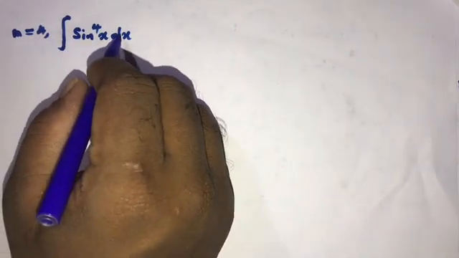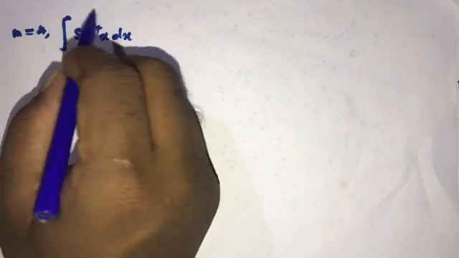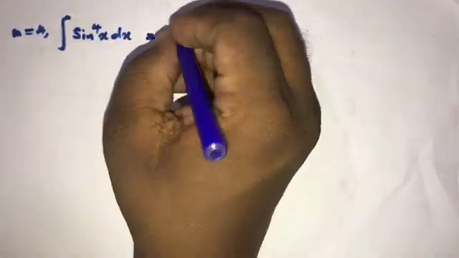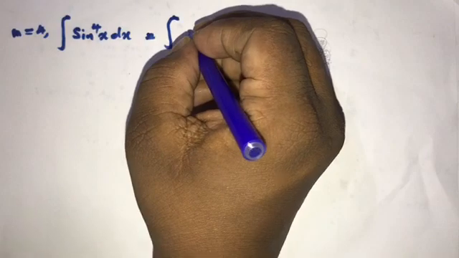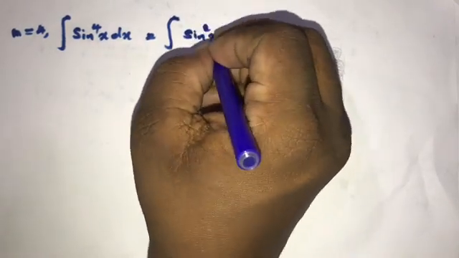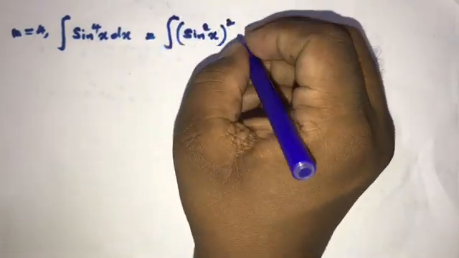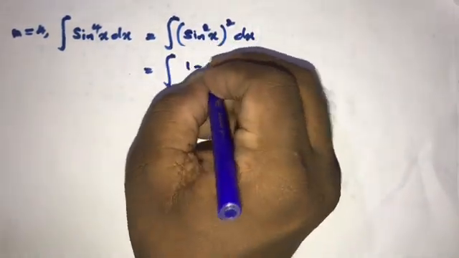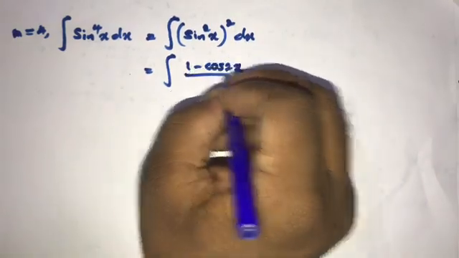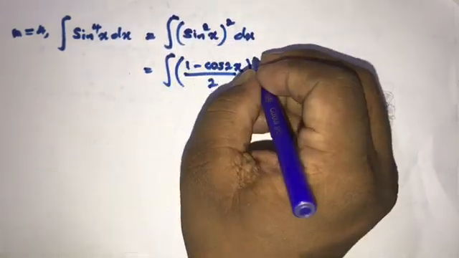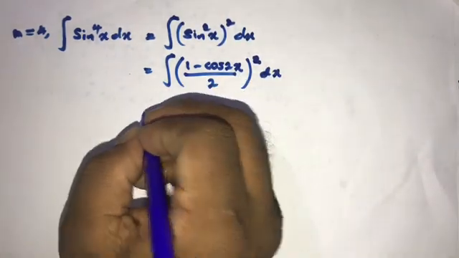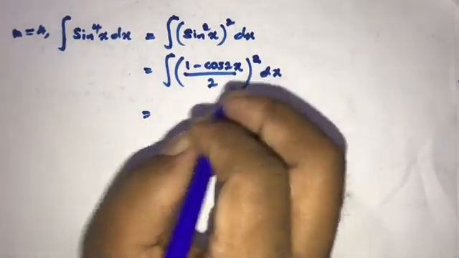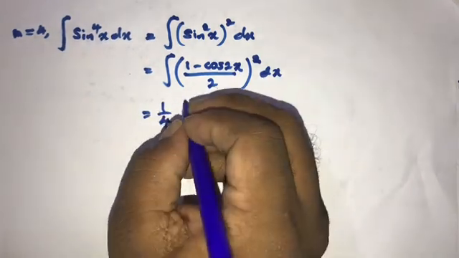Now when n is equal to 4, the question is going to be the integral of sine to the fourth power of x dx. The power is an even integer, so we can't use the substitution method. So we can write (sine squared of x) squared dx, and now we can write ((1 minus cosine of 2x) over 2) squared dx. Now 2 squared is 4, so 1 over 4.